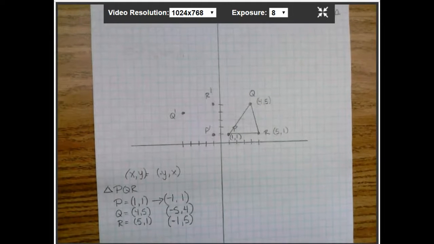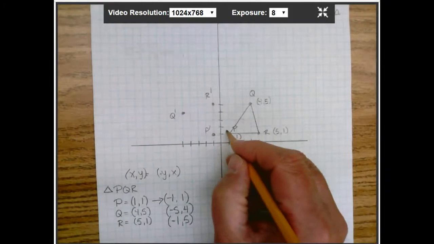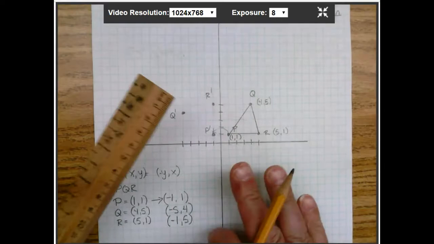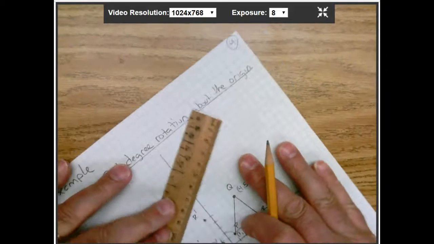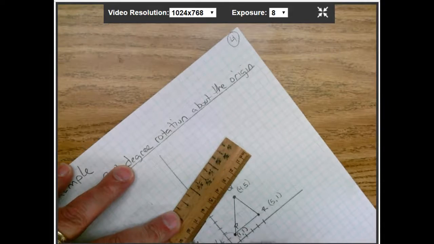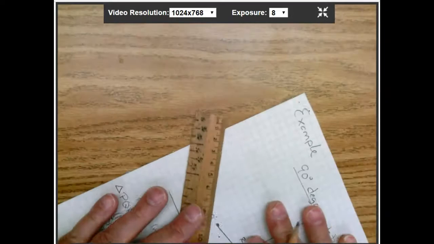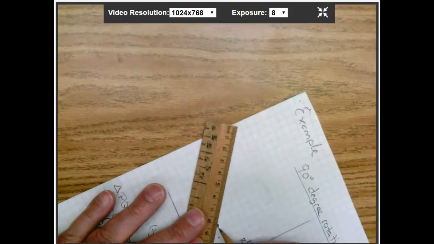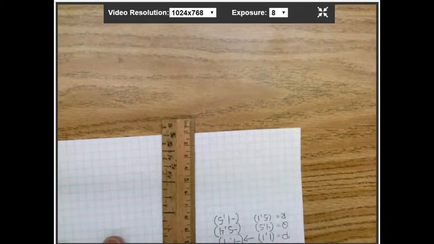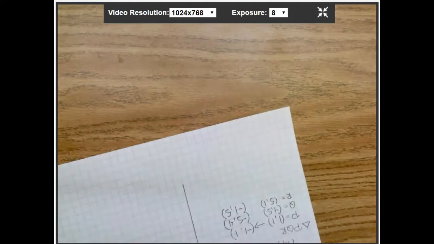And then we have the 90 degree rotation about the axis. And if I just draw the lines in, let me do that real quick. And there we are.